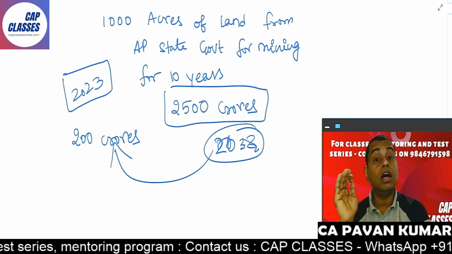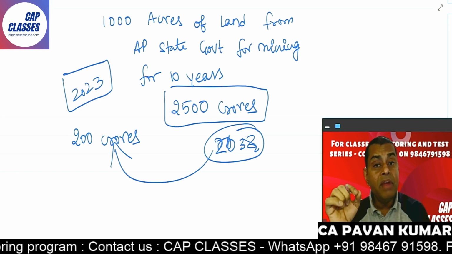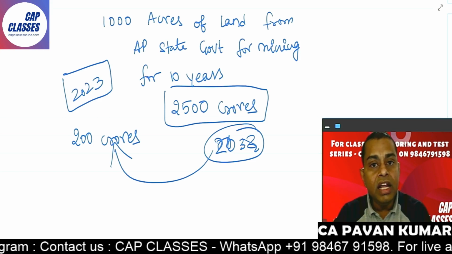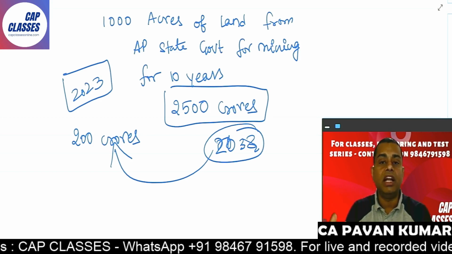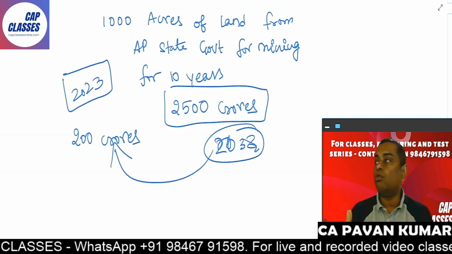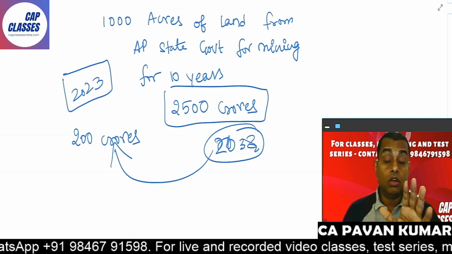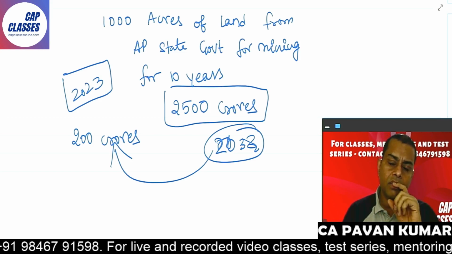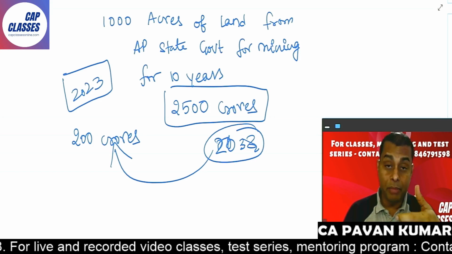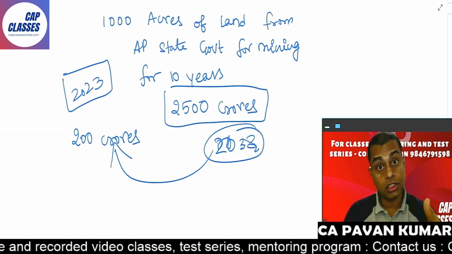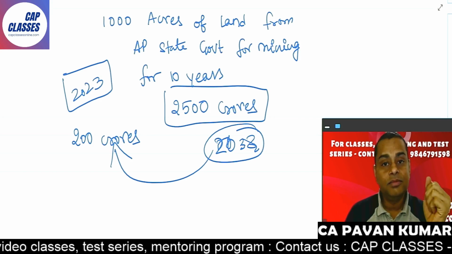So accounting standard 10 says, when you estimate decommissioning liability, when you estimate that land restoration liability, capitalize the liability. Oh my God. Hold on. Pavan sir, can a provision be capitalized? The answer is yes. A provision can be capitalized.